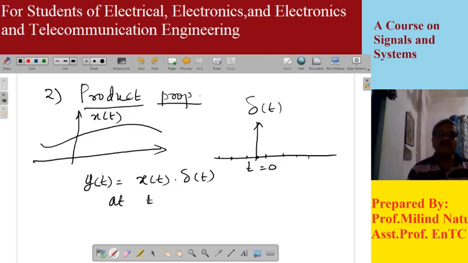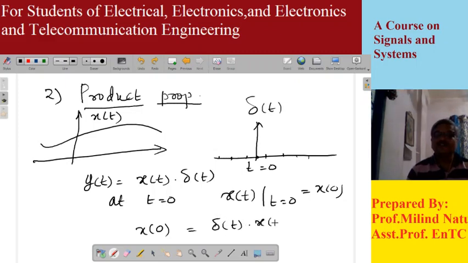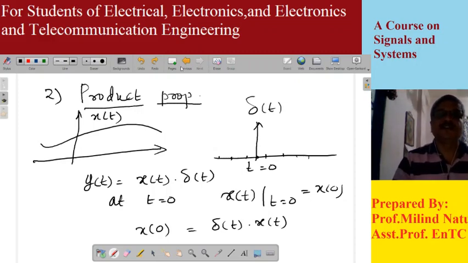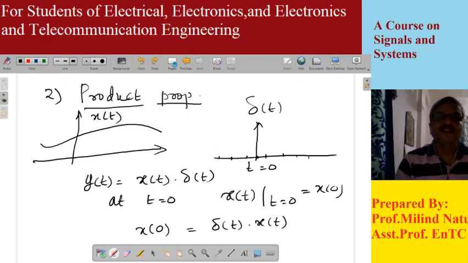At t equal to 0 only, I will have the sample value of x of t, which is denoted as x of 0. So if I have the product, then y of t will be equal to x of 0, which is the initial value, or the zeroth value, of this signal x of t. This is once again a very important property of the impulse signal.